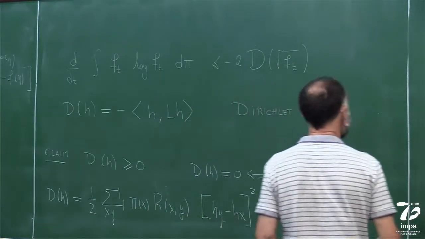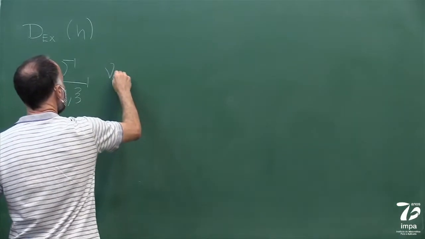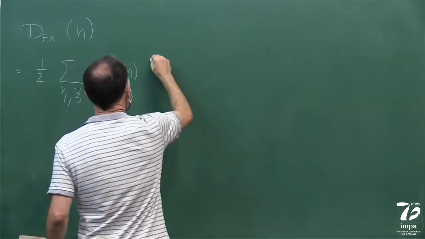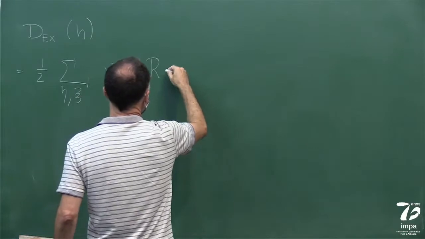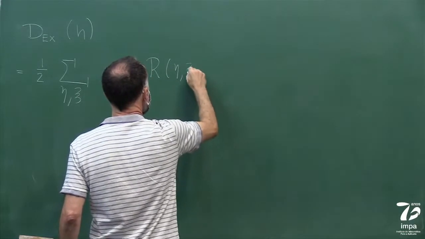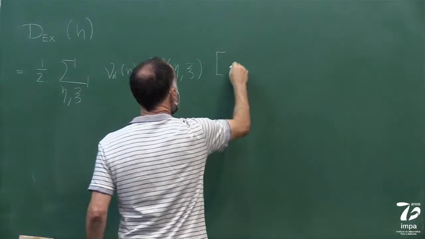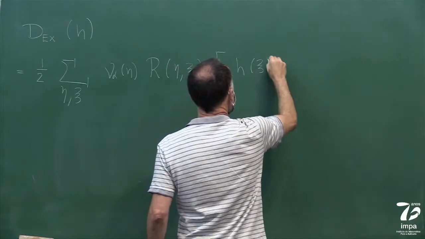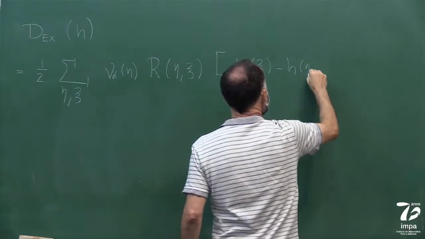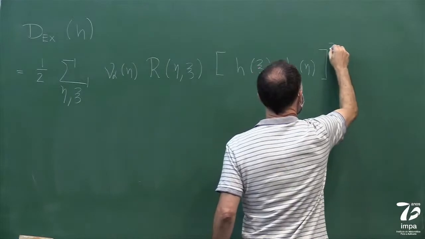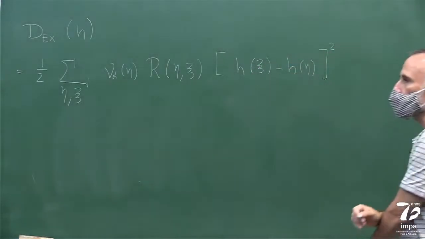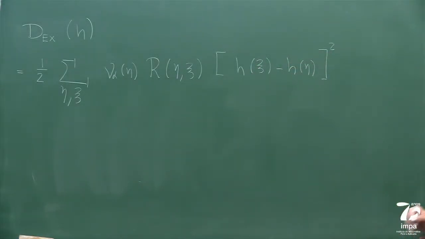Okay. Then I have nu alpha of eta r eta xi, and then h xi minus h of eta square. Okay, so this is the Dirichlet form that we just computed.